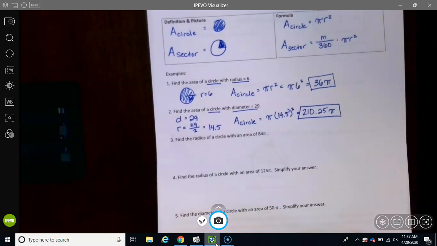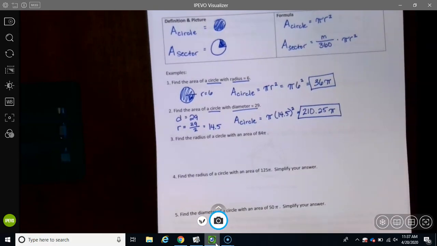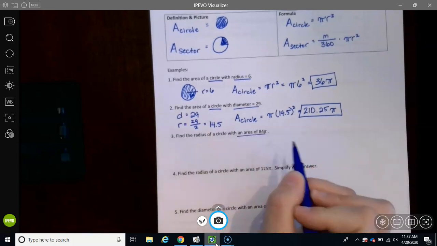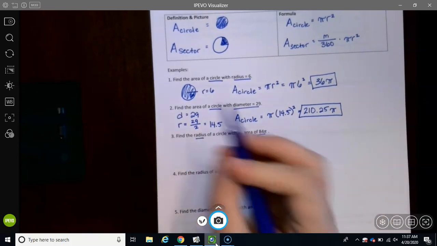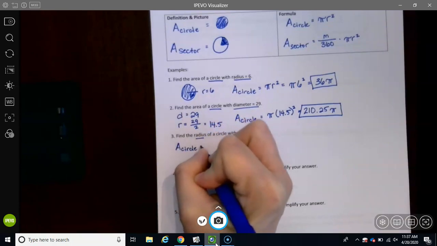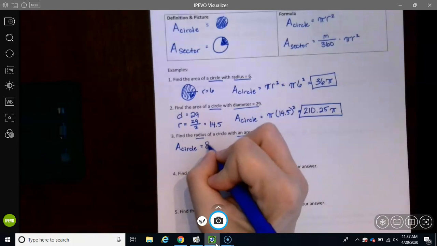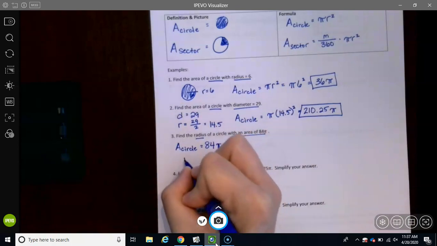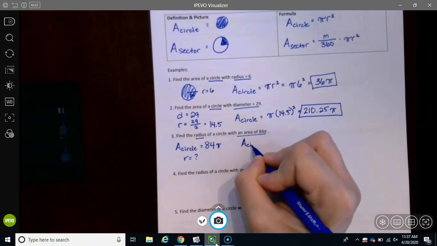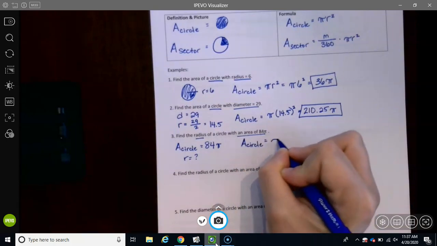All right, number 3, find the radius of a circle with an area of 84 pi. So this time, they gave us the area of the circle, and they want us to find the radius. So the area of the whole circle is 84 pi, and the radius is what we're trying to find. Area of a circle equals pi r squared.